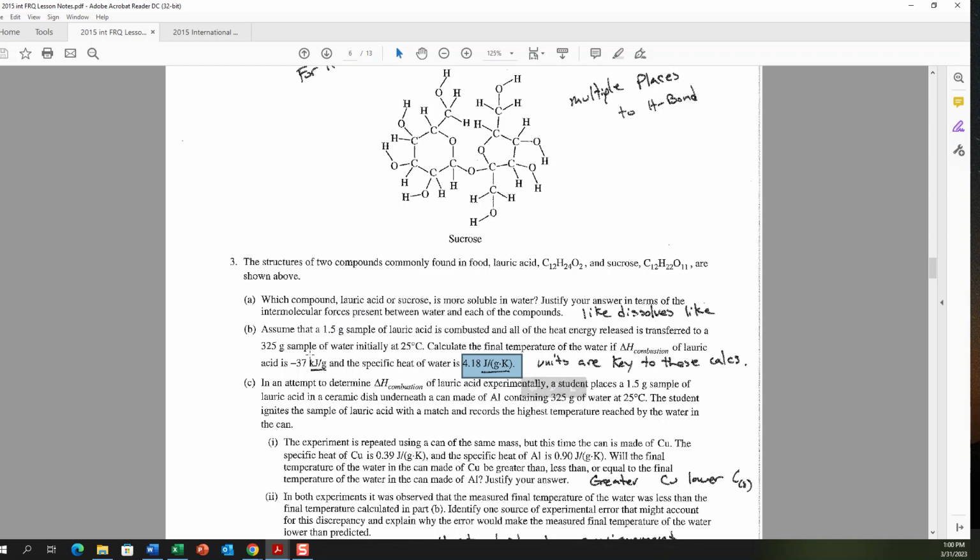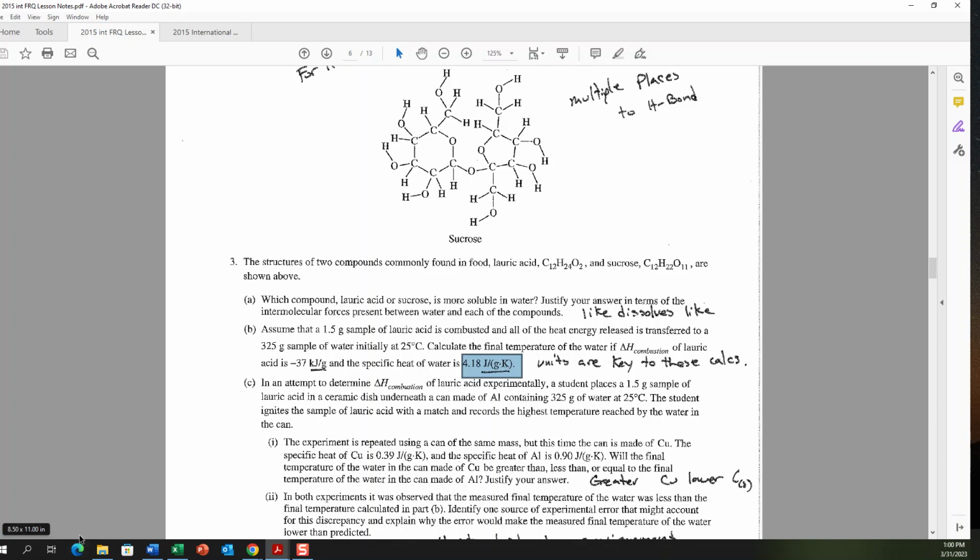And if I do 1.5 times 37, that's going to give me kilojoules. So I have to multiply by 1,000 before I put that into q equals mcΔT. So what I would do is 1.5 times 37 times 1,000 to get joules, plug that in for my q, and solve for delta T. I wouldn't solve for final temperature. I would just say delta T equals q divided by mc.